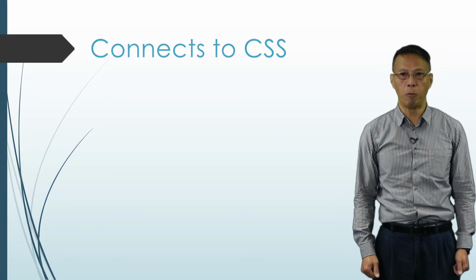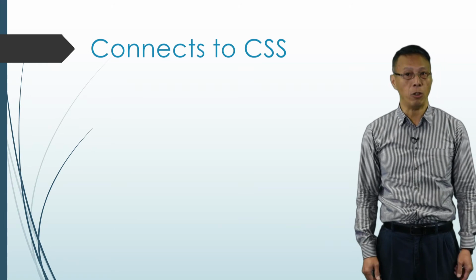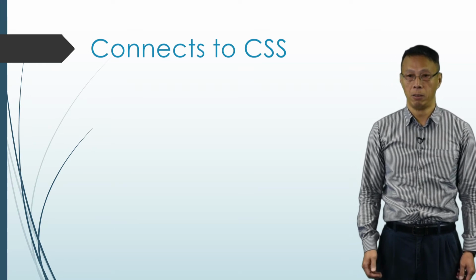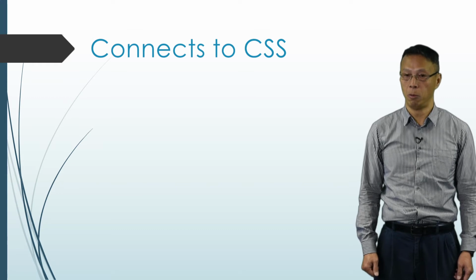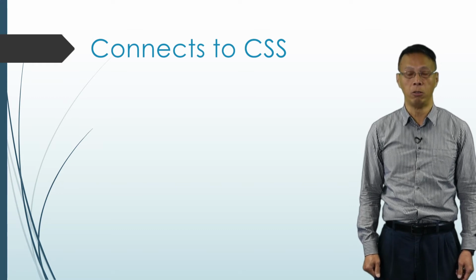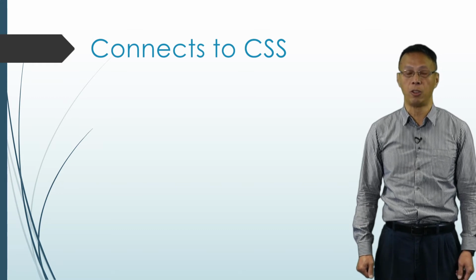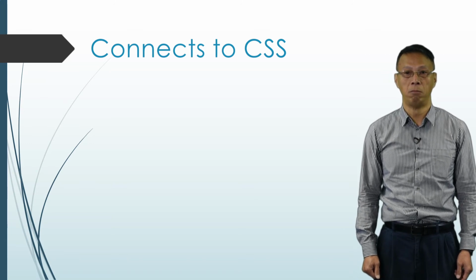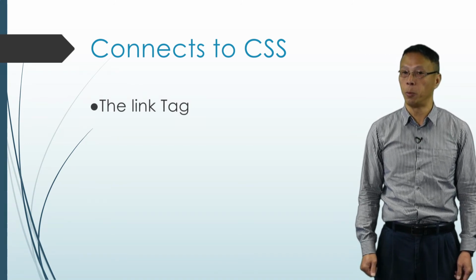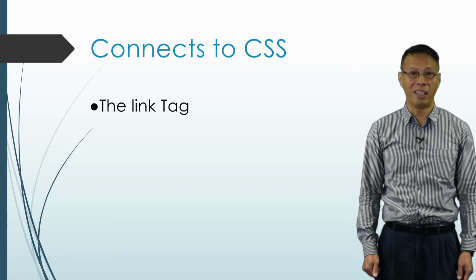Now, very often we have one question. How can we use CSS? In the video, one example that we have shown is that CSS can be linked to an external file. This is exactly the first point. We can use a link tag.